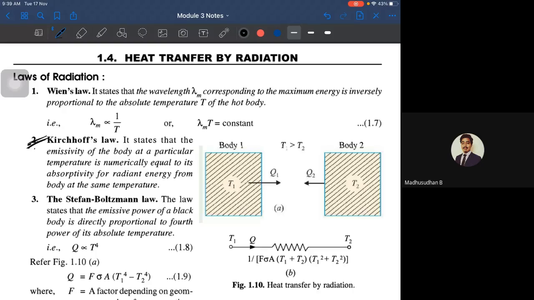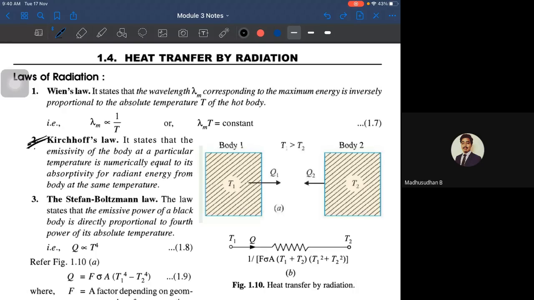So Kirchhoff's law is very simple: emissivity is equal to absorptivity. In a shorter sentence, the emissivity of a body is equal to its absorptivity at a particular temperature. If the temperature is constant, the emissive power of a black body will be equal to its absorptive power. That is Kirchhoff's law.